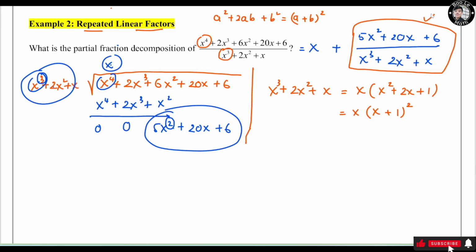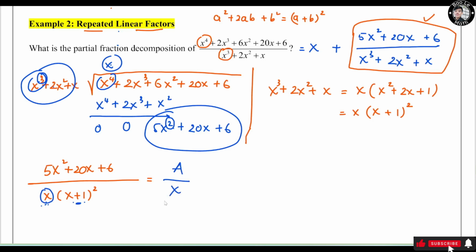Now we look at the bottom right here, we actually have two linear factors, but this linear factor is repeating. We need to handle the first linear factor: it's going to be a over s, because the bottom is a linear factor, so the top should be a constant. Plus the second linear factor, s plus 1, and we need to start from power of 1 until 2.